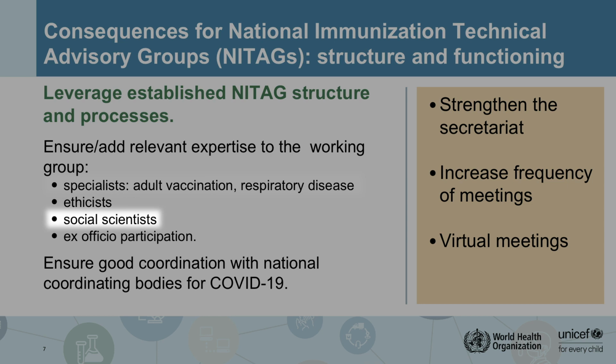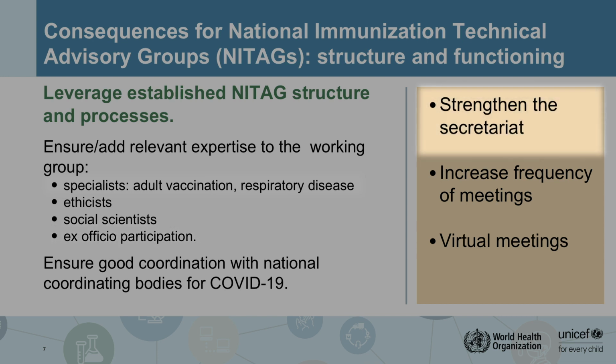Additional support from ex officios such as health worker associations, medical or nursing associations, occupational health colleagues, social care or other agencies who may oversee care of older individuals, and other relevant national bodies. Additionally, further strengthening of the Secretariat may be needed.